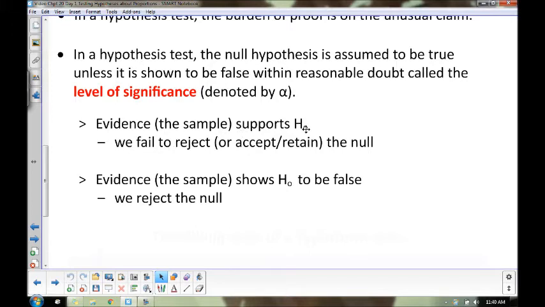If your evidence supports the null hypothesis, for example, if my free thrower claimed he had an 80% free throw rating and my sample said he has a 78% free throw rating, that's not strong enough evidence to show that he is lying, so I failed to reject his 80% claim. If the evidence in the sample shows that my null hypothesis is false, for example, when I said, hey, wait a minute, look at how rare it is to have an 80% free throw rating and then only make 64%, then that tells me that I reject the null.